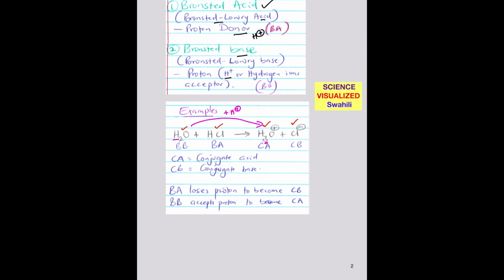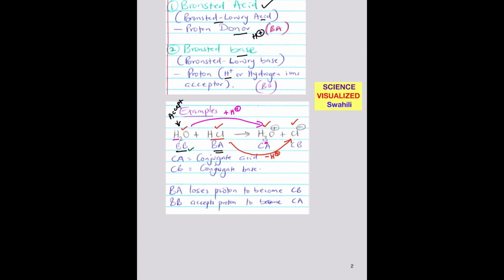And because we added a hydrogen ion, this water accepted a hydrogen ion, and because of that, it's a Bronsted base. Then if we look at HCl, it gives you Cl minus. So what happens is that you lost a hydrogen ion. And because you lost a hydrogen ion, that means it donated a hydrogen ion, and because it donated a hydrogen ion, it becomes a Bronsted acid.